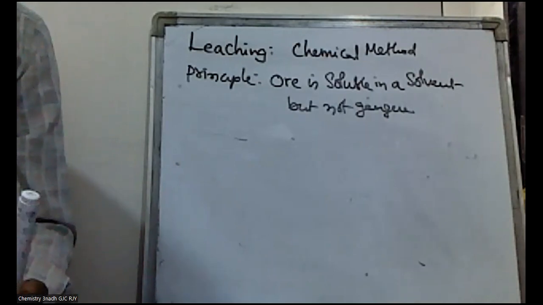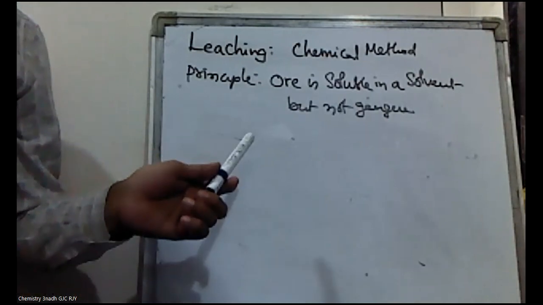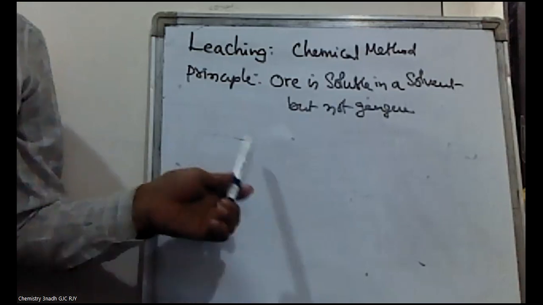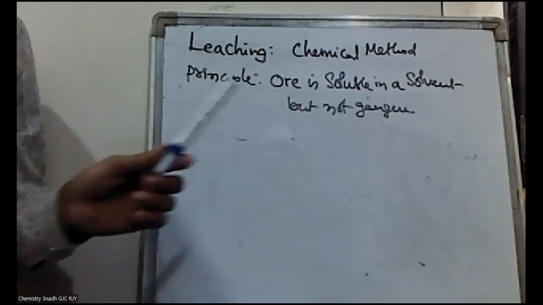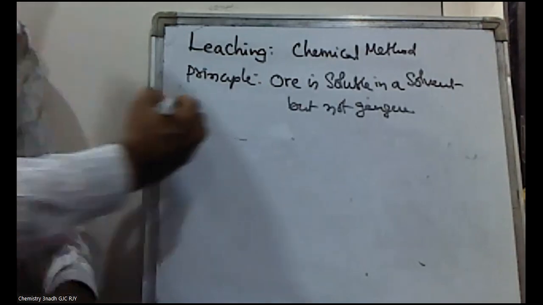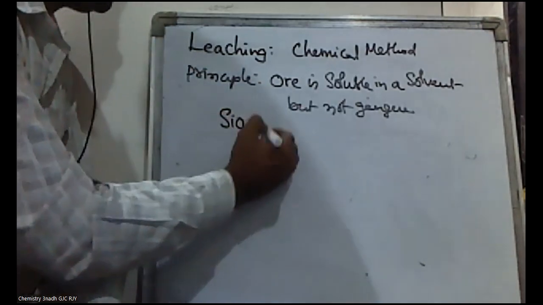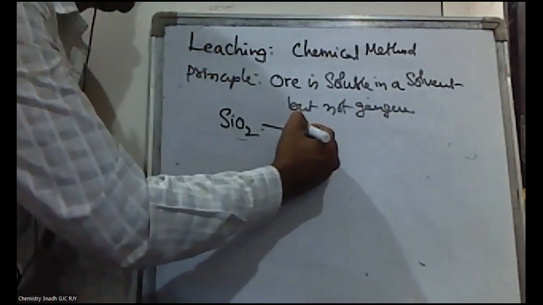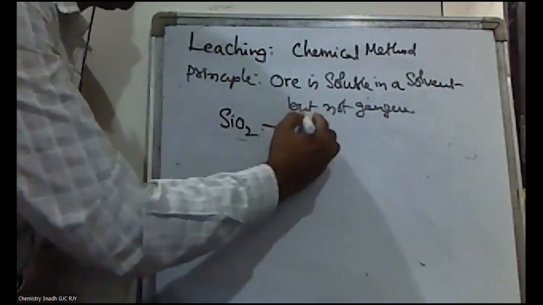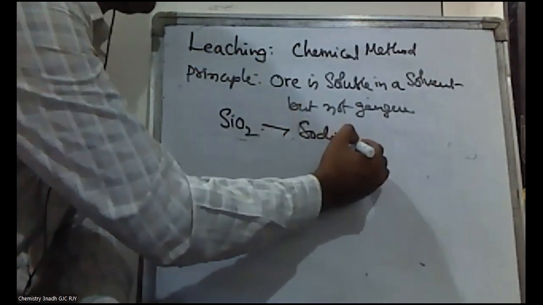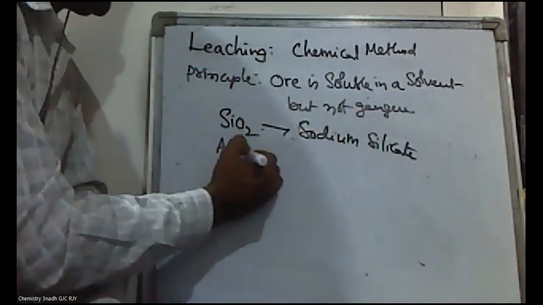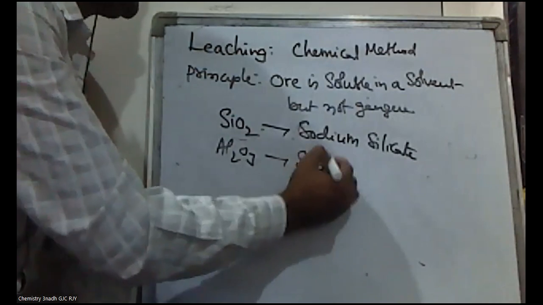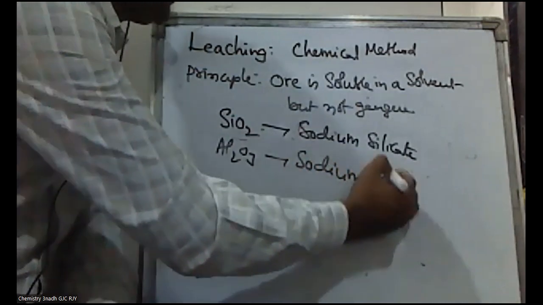So in this process, Al2O3 is leached out as sodium aluminate, along with silica, which is also leached out as sodium silicate.